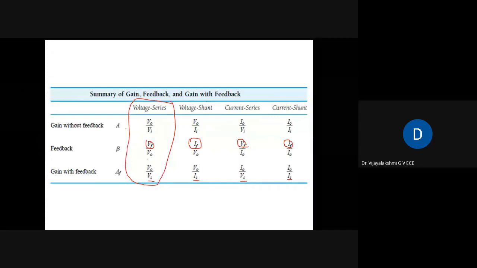So this was about the concept of feedback. You have come across two types of feedback here. One is negative feedback, and that gives rise to amplification. The other one is positive feedback, which gives rise to oscillations.